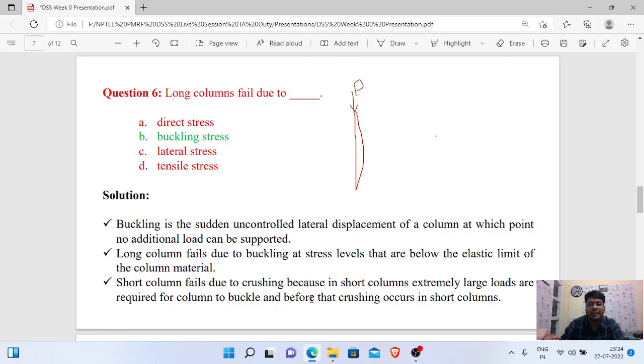There is a difference between long and short columns: a long column fails due to buckling at stress levels below the elastic limit, but when a short column fails, it reaches or crosses the elastic limit, not before that. So this is the basic difference.